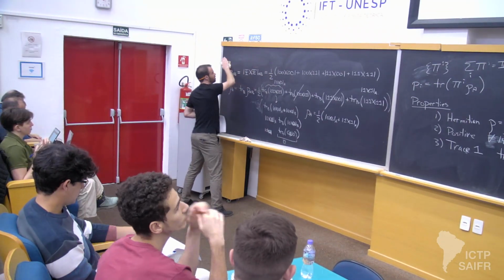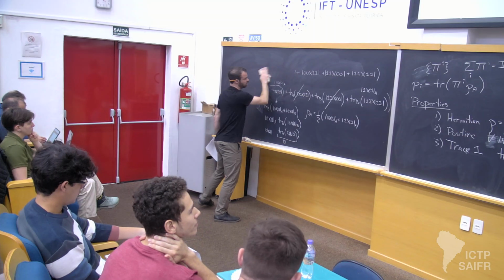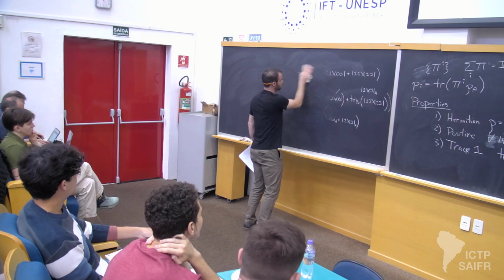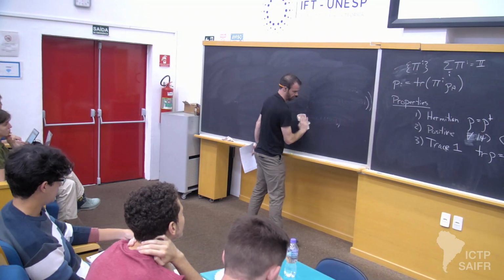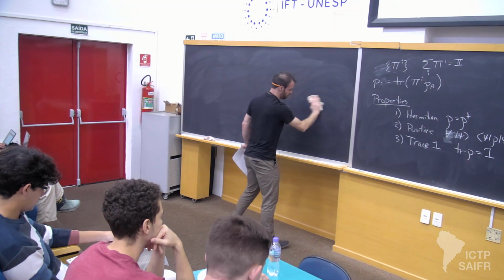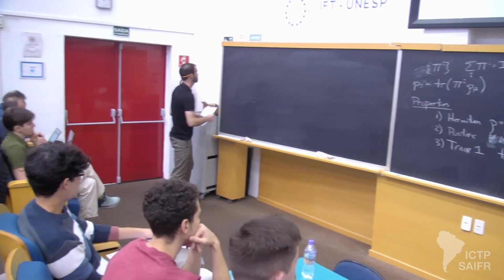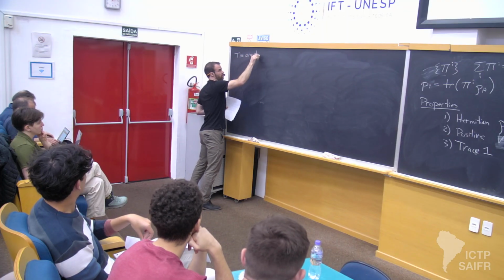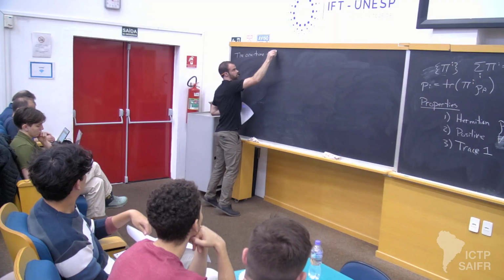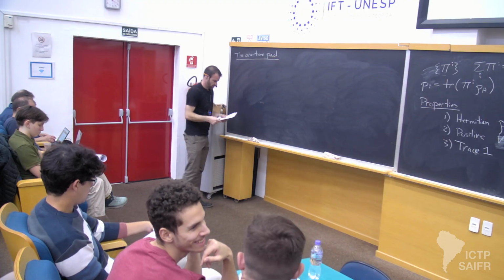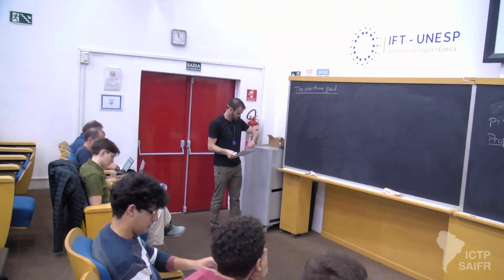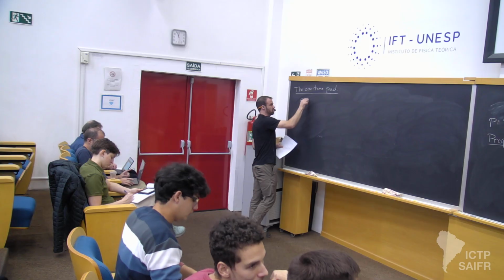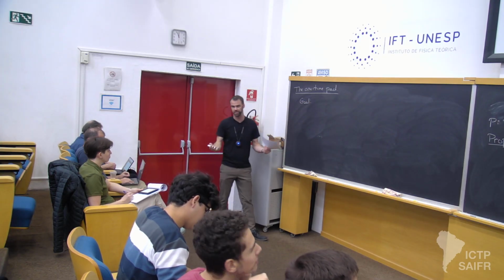Good. So we can get to our first cryptographic subject now that we have all these tools in this language for talking about quantum mechanics. So the first subject I want to talk about is something called the one-time pad. Okay, so the goal here, we're going to think about two people, or two agents.